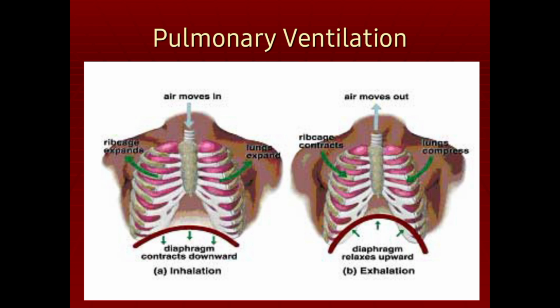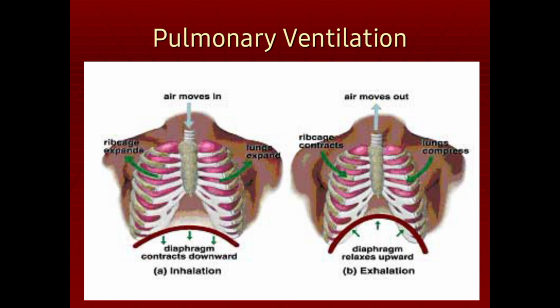When that happens, the volume of the thoracic cavity increases by 0.5 liter. Then the interpleural pressure becomes more negative, so the lung is able to expand.